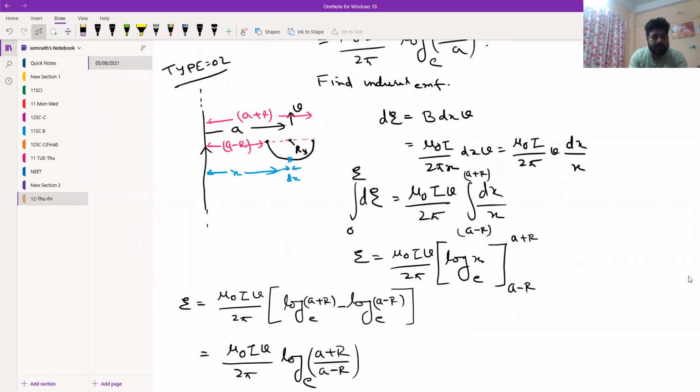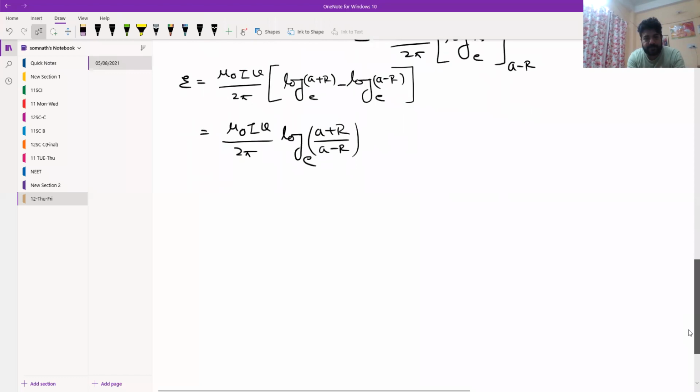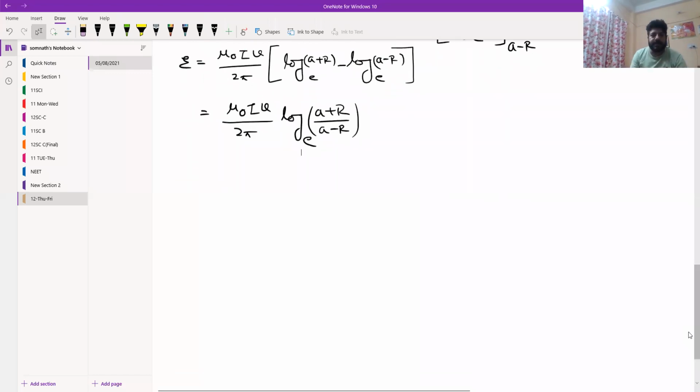Yes. Very good. Next I will show you type 3. See, in type 3, suppose this is my magnetic field.